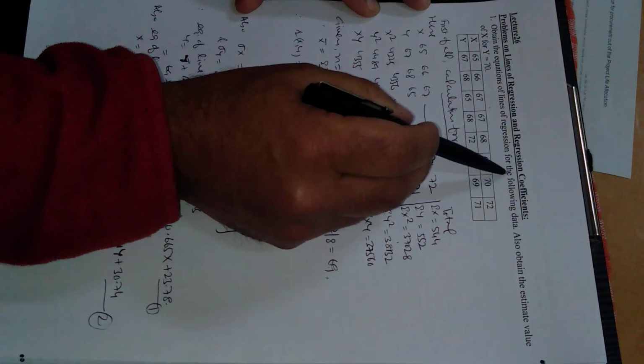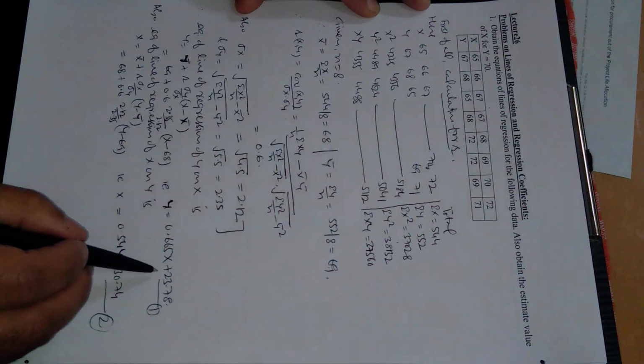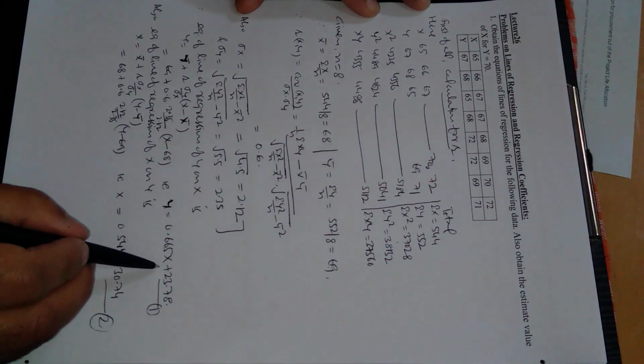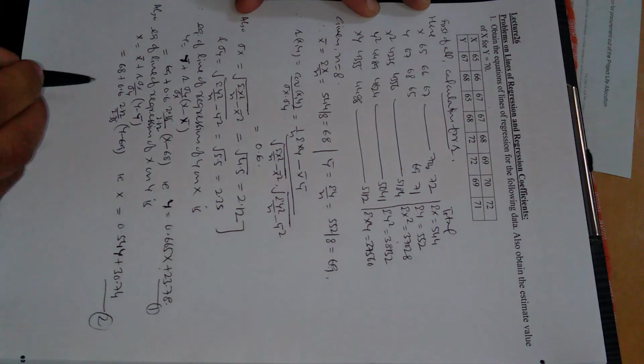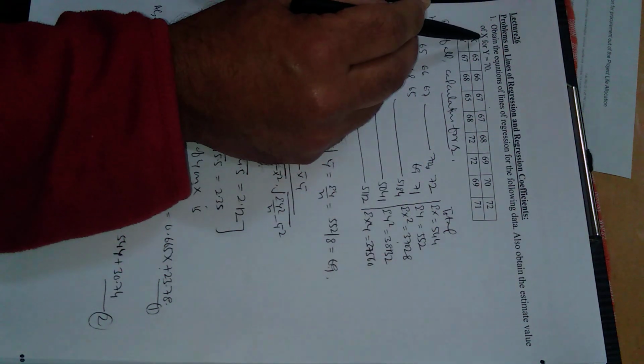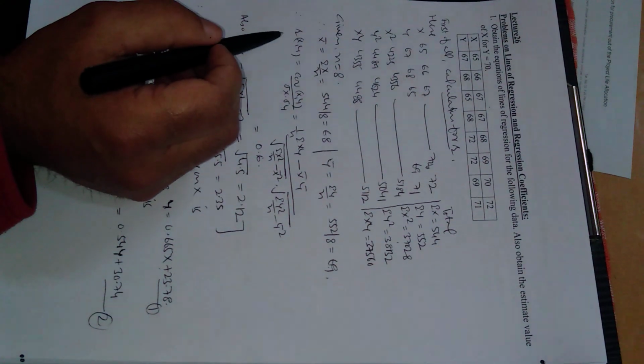Thus we obtain the equations of the lines of regression. This is the equation of the line of regression of y on x, and this is the equation of the line of regression of x on y. Further, we want the estimated value of x for given y.